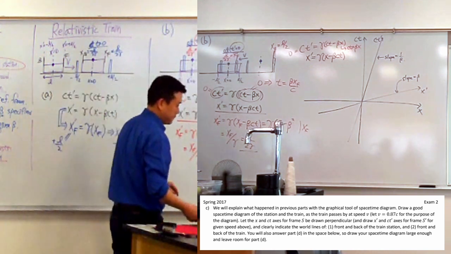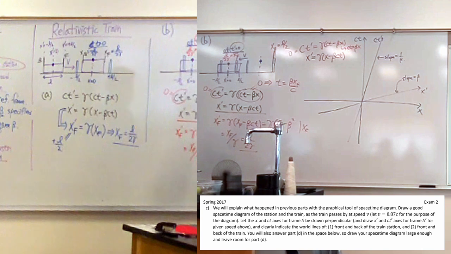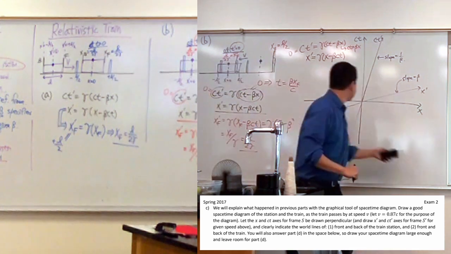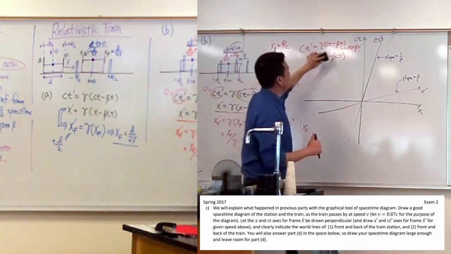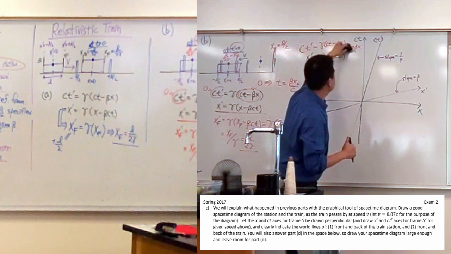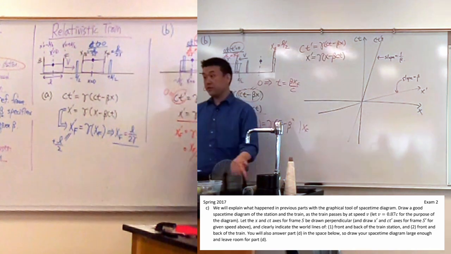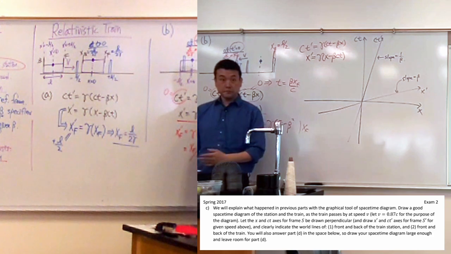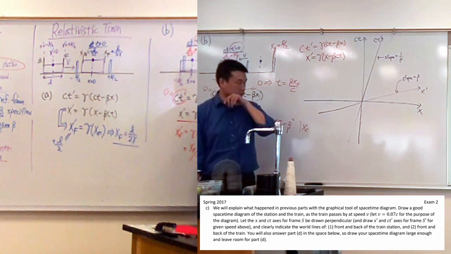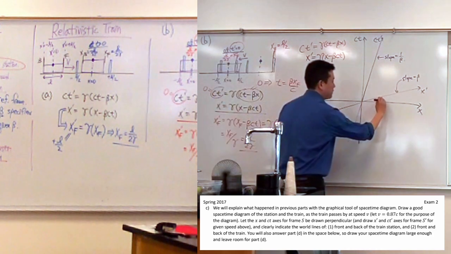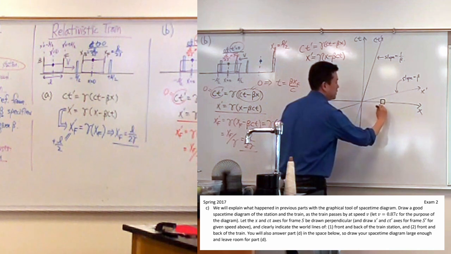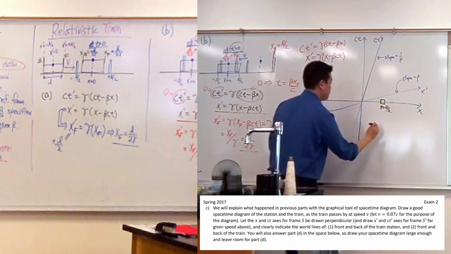So let me start the description this way. I guess I can start with, let me try to represent the station at time equals 0. So at time equals 0, I have one end of the station here at x equals L over 2.